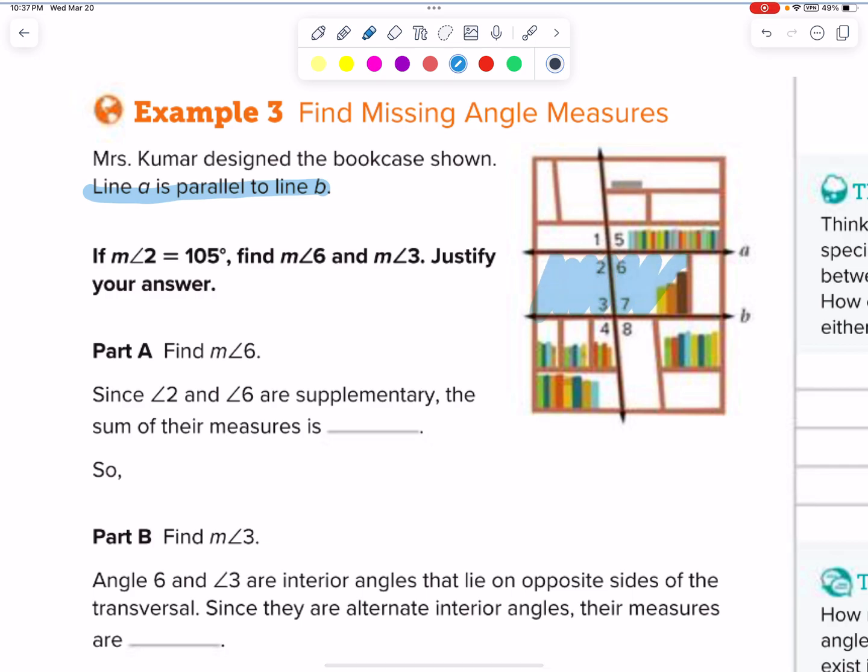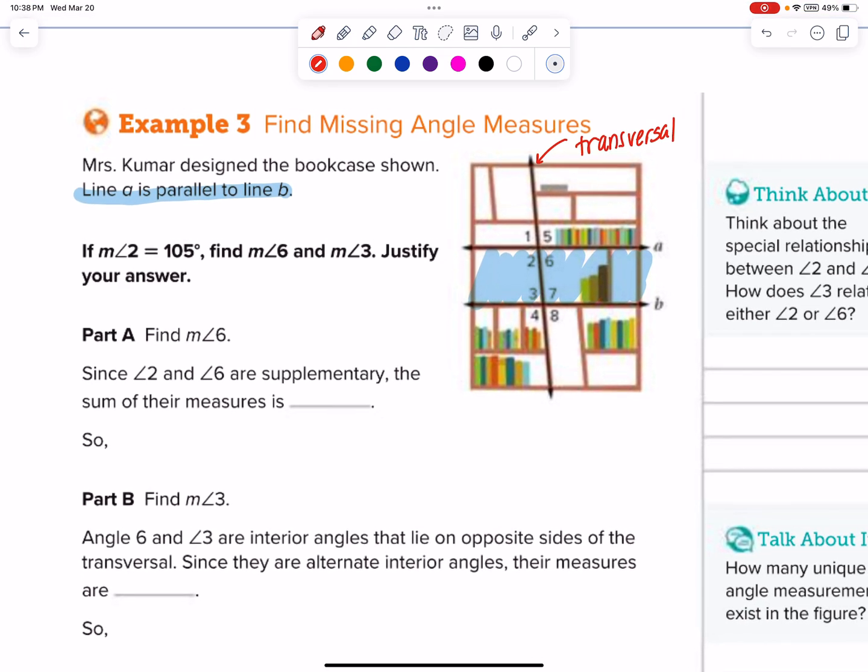That way we know we have parallel lines with, what's this called again? It's called a transversal, okay? And so that means that we can pay attention to alternate interior, alternate exterior, and corresponding, okay? But we know we also have vertical angles, and we know that we have supplementary angles, okay? So there's a lot going on that we can figure out here.